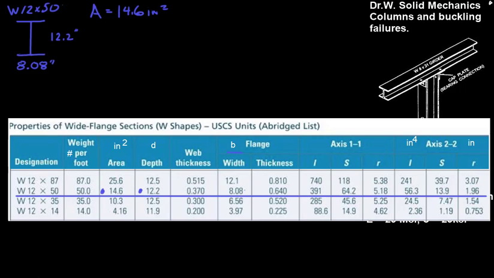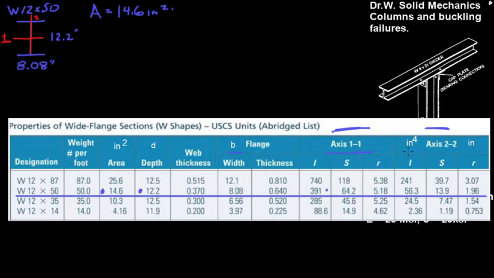inches squared. And over here, there are two table values for the I, the S, and the R. And one of them is larger than the other. We can see that here. And what that represents is the two different axes here. So we have this neutral axis, which is 1, and the vertical neutral axis, which is 2.